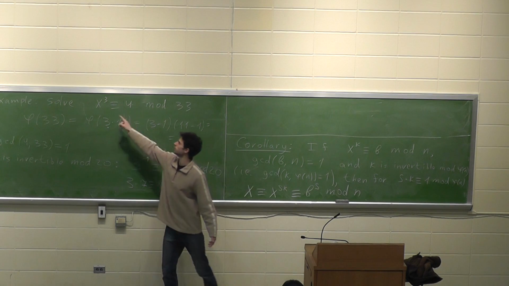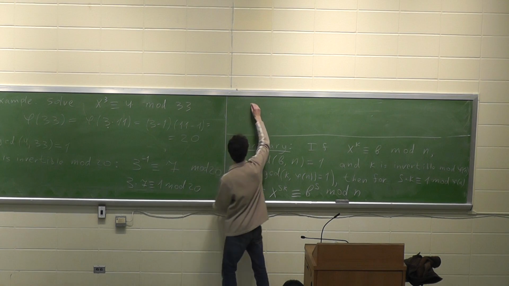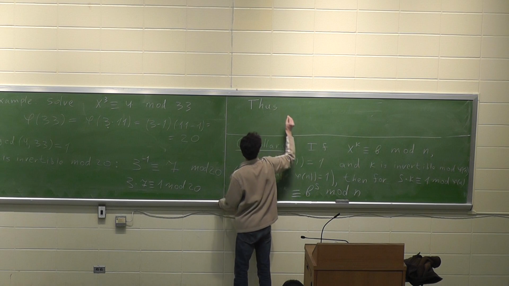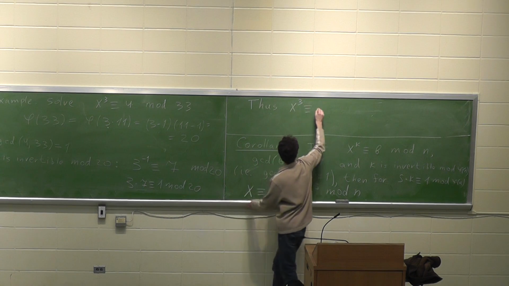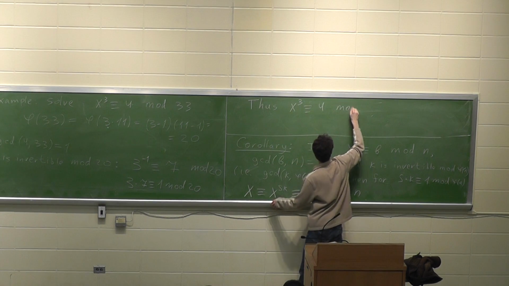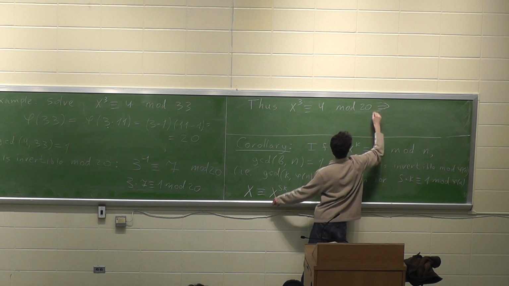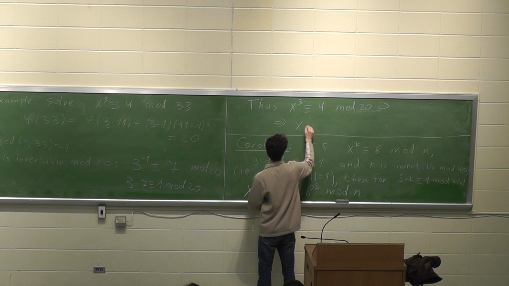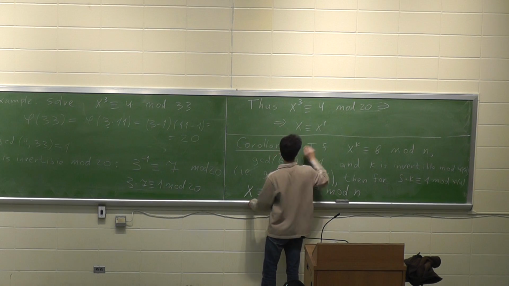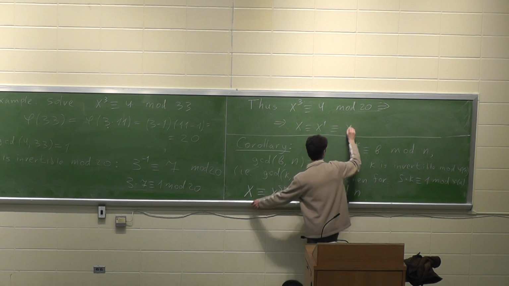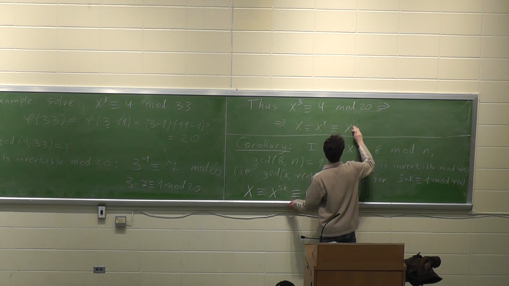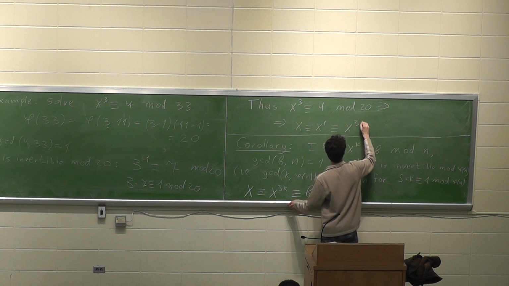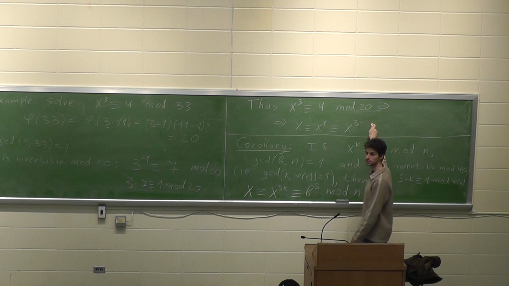Well, what do we have to do now? We take this equation, which implies that x, which is x to the power 1, which is x to the power 3 times 3 inverse, which is 7.